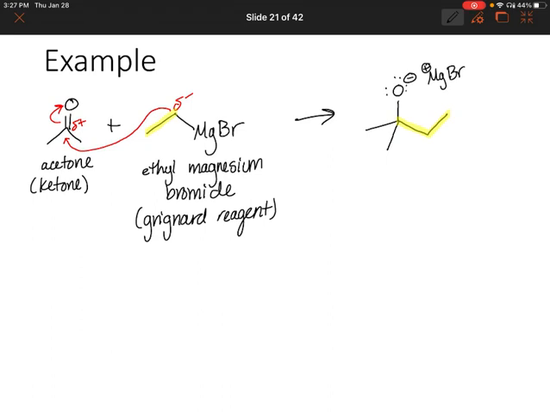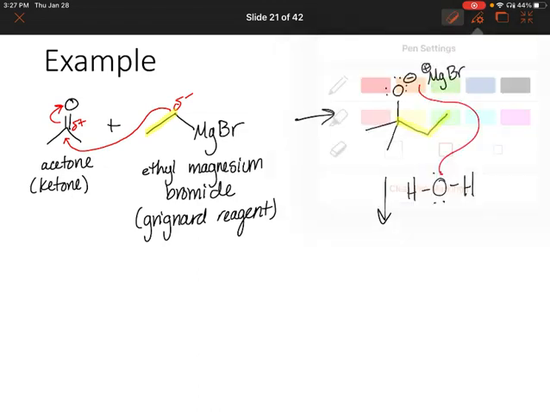In the last step here, we probably want to protonate that oxygen. So we can use a weak acid like water. That will come in and take a hydrogen, and then we'd have our final alcohol.